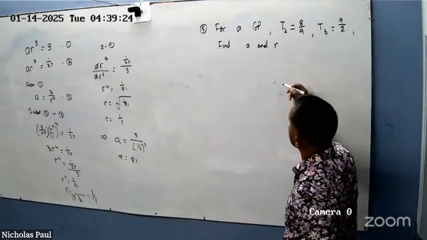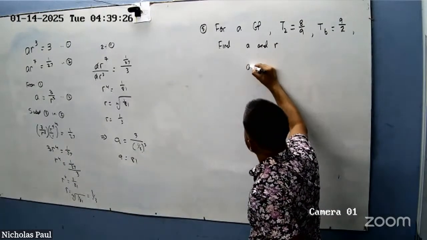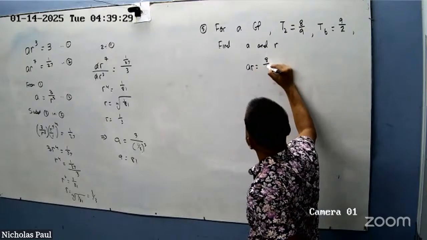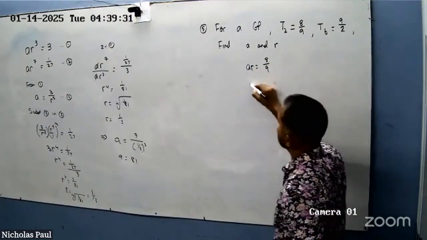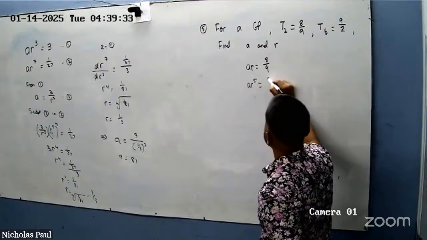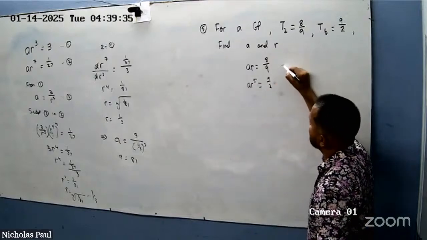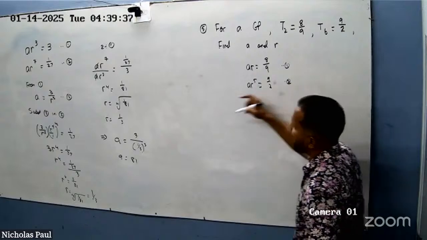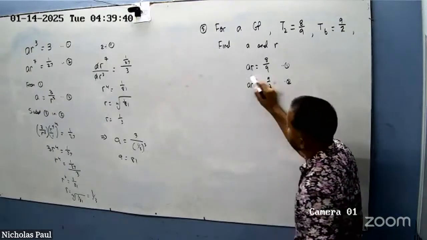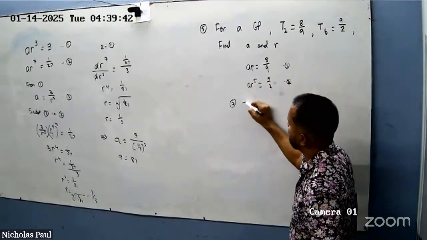Right, so here's what we have. Here we have AR is equal to 8 on 9. Here we have AR to the 5 is 9 on 2. Right? Equation 1, equation 2. I am using this technique here. The one with the higher power, 2 divided by 1.